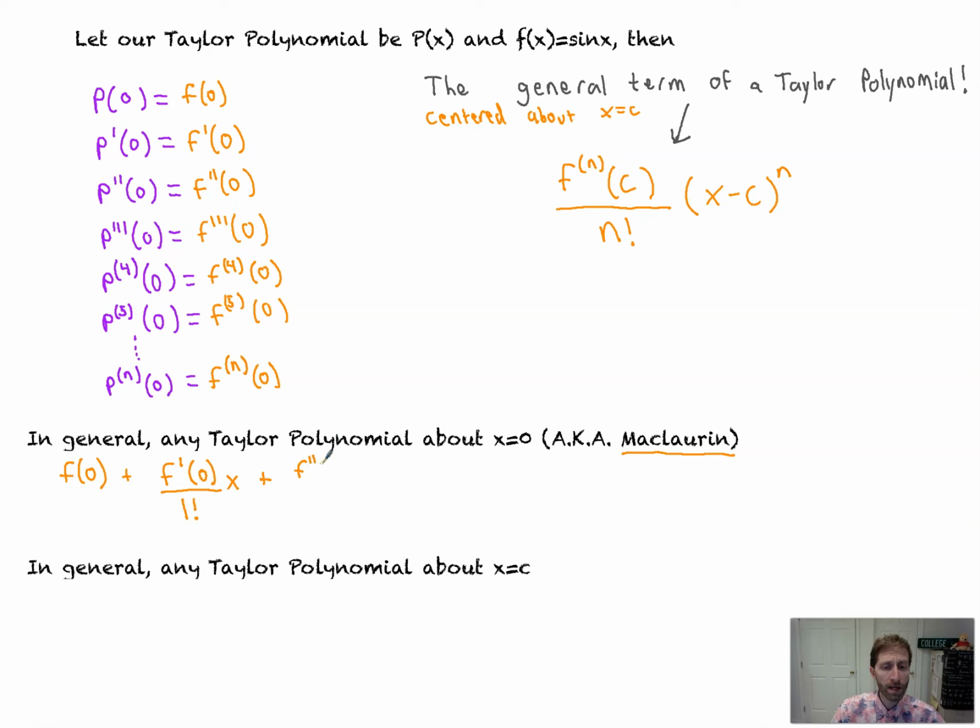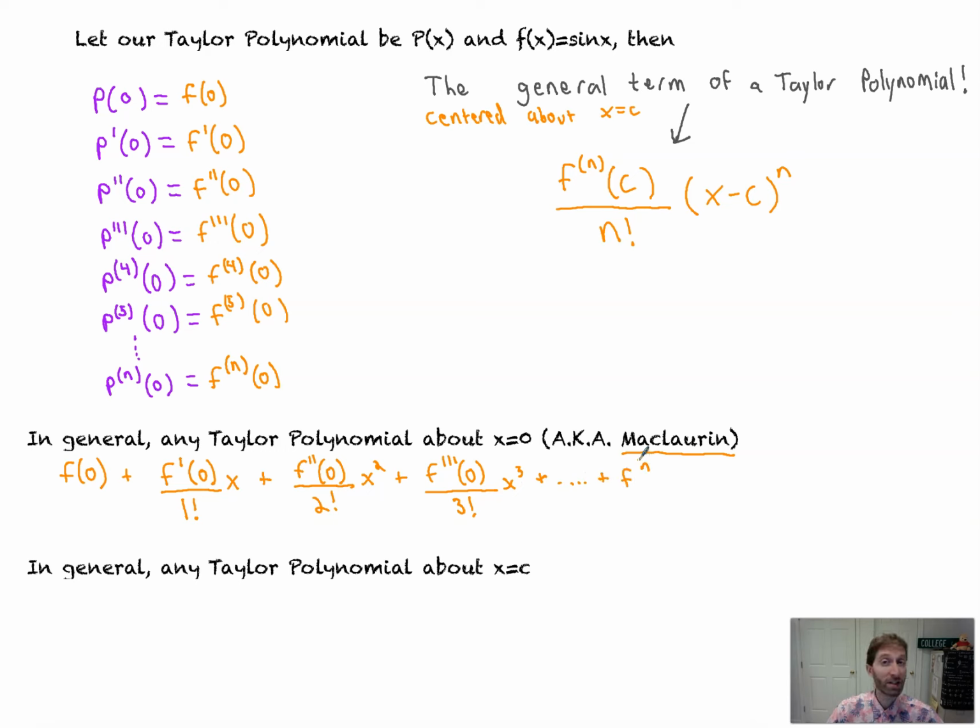So f to the 2nd derivative of 0, all over 2 factorial, it matches up here, 2nd derivative, and then 2nd power, plus f triple prime of 0, all over 3 factorial times x to the 3rd, plus, and you get the idea, right? It keeps on going and going and going. And then we write out the nth term.